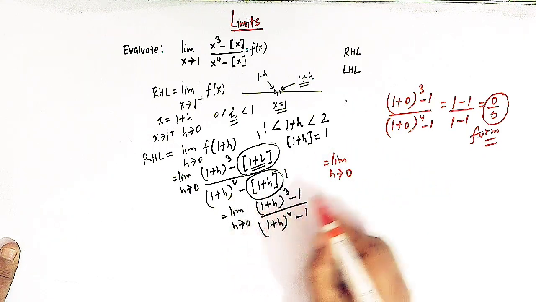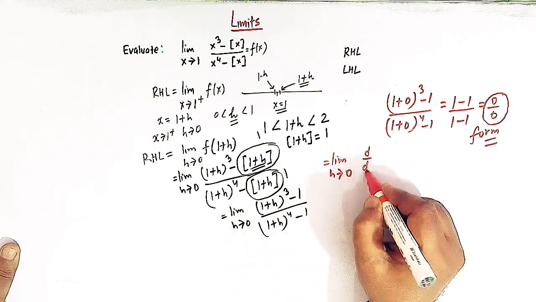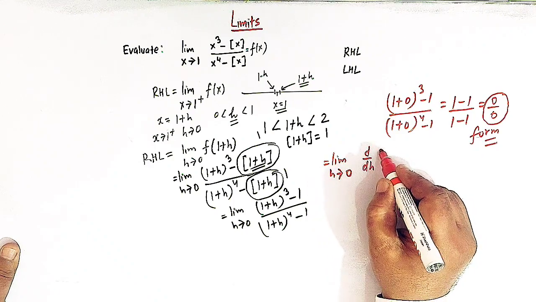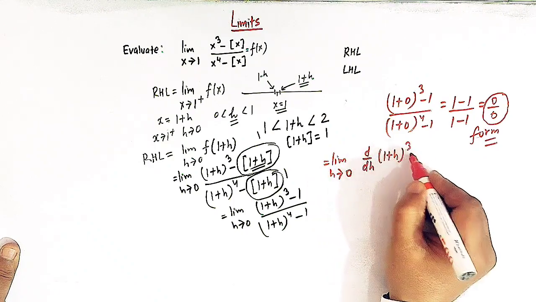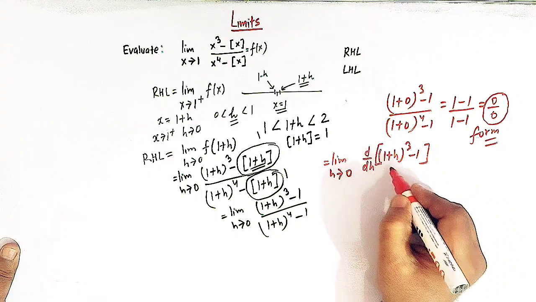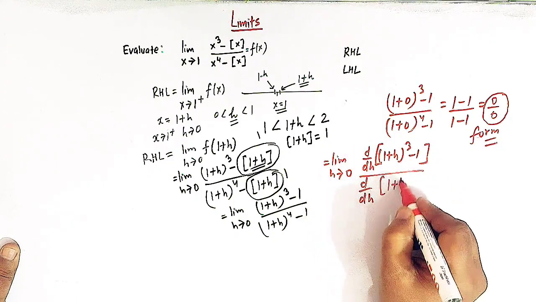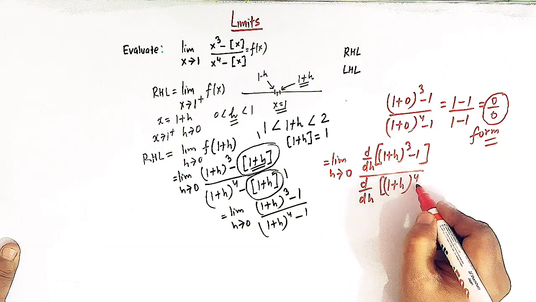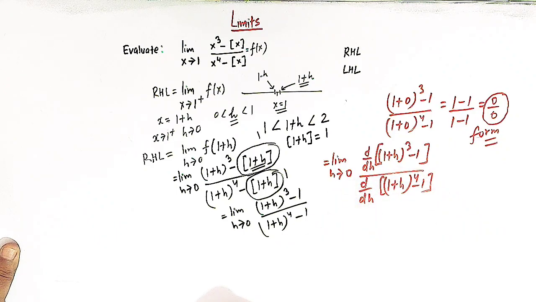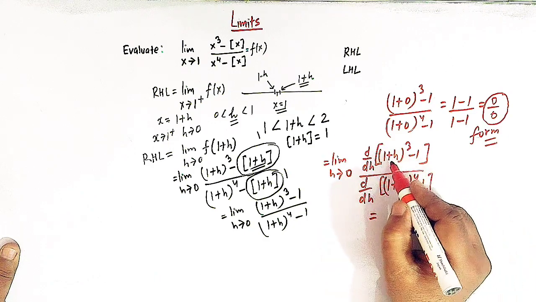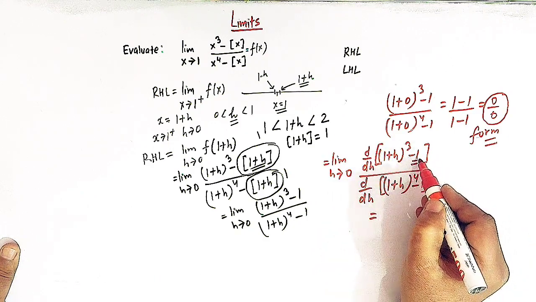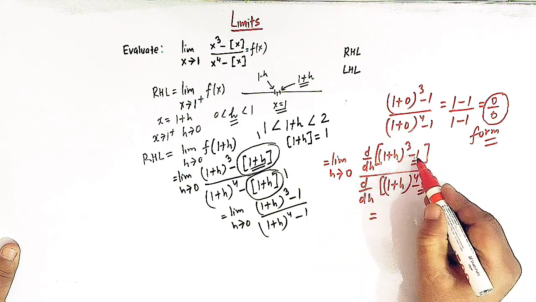So here we have d by dh of (1 plus h) cube minus 1, and then we have d by dh of (1 plus h) raised to 4 minus 1, right? Okay, so now the derivative of 1 is 0, and here also the derivative of 1 is 0.